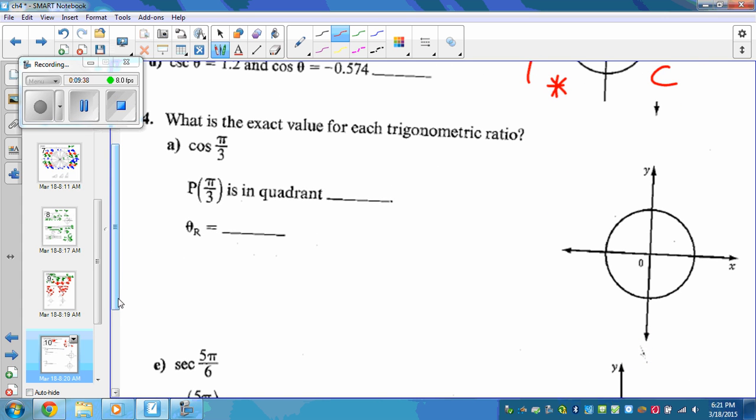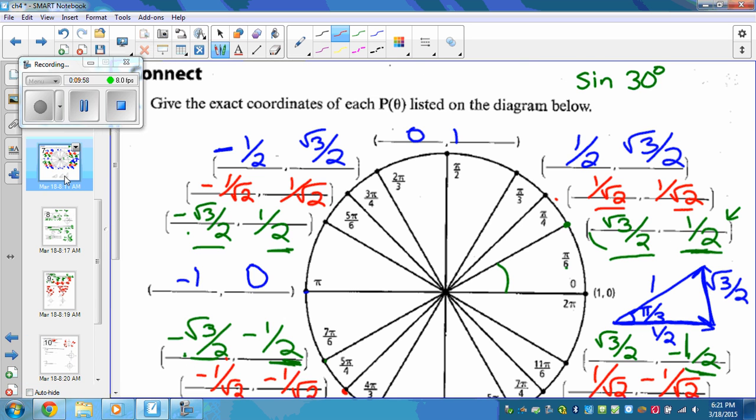And here we're going to be using our unit circle for this question. So what is the exact value for the cos of pi over 3? Well, you're going to have to go to your unit circle, find pi over 3, I want the cos value.